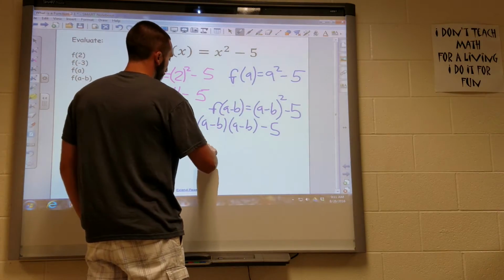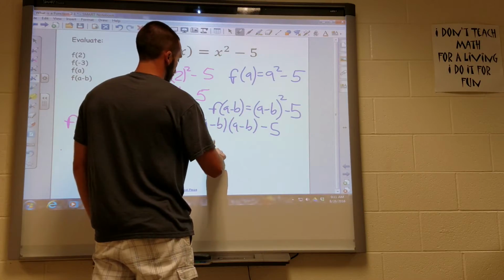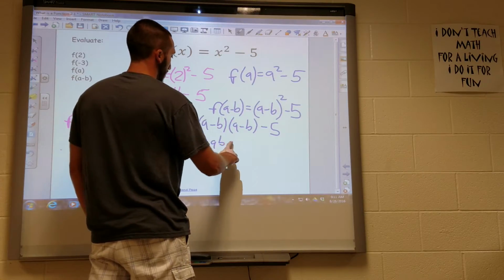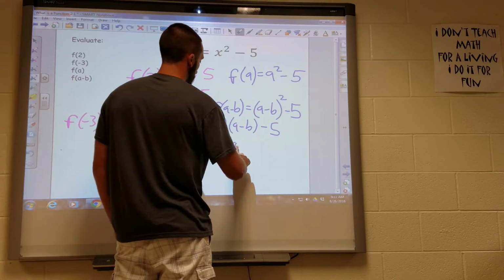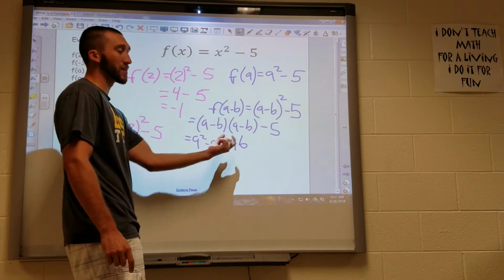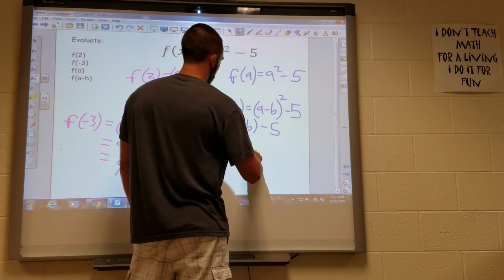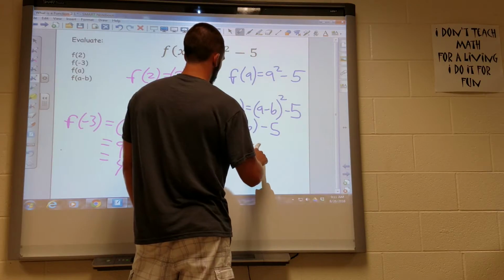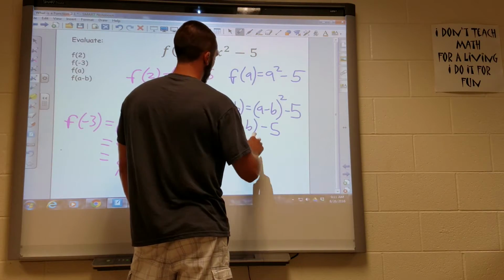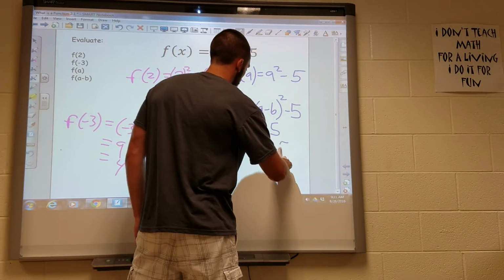So I get a squared minus ab minus ab, right? And since I'm multiplying, I'm allowed to put them in whatever order I want, so I'm going to keep them in the same order. And then negative b times negative b is negative times a negative, b squared, minus 5.